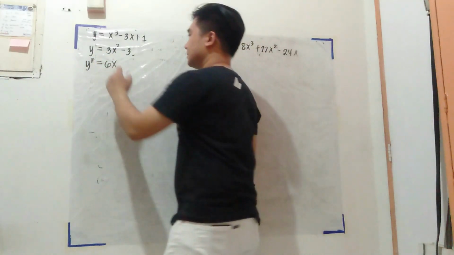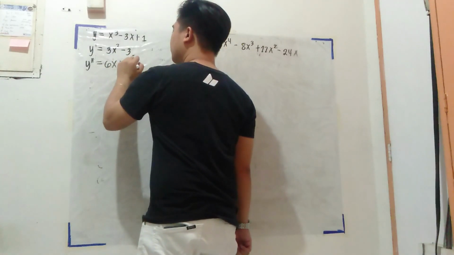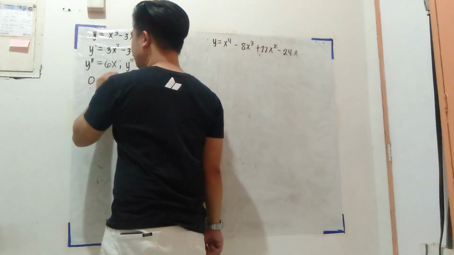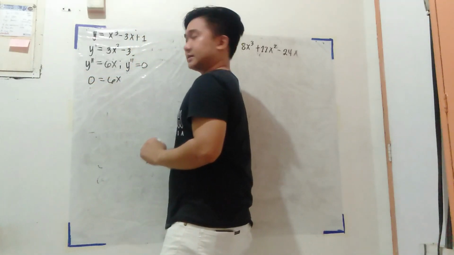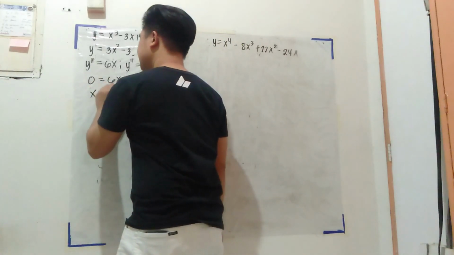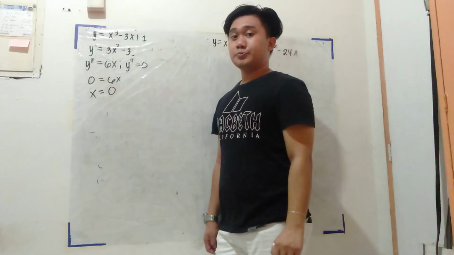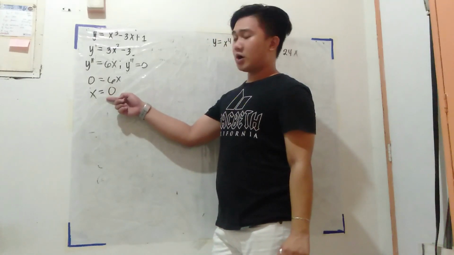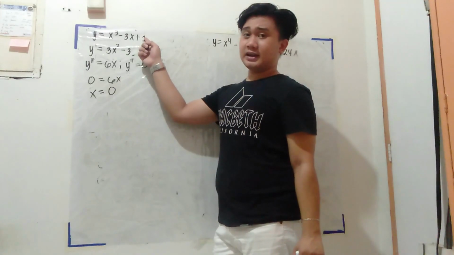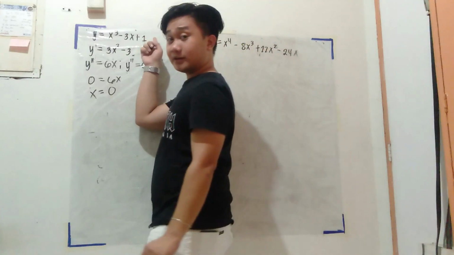Okay? So, second step, set y double prime to 0. So, 0 is equal to 6x. Getting x is just 0 divided by 6. X is 0. And then, this value of 0 for x will be put here. Papalitan natin din dito.